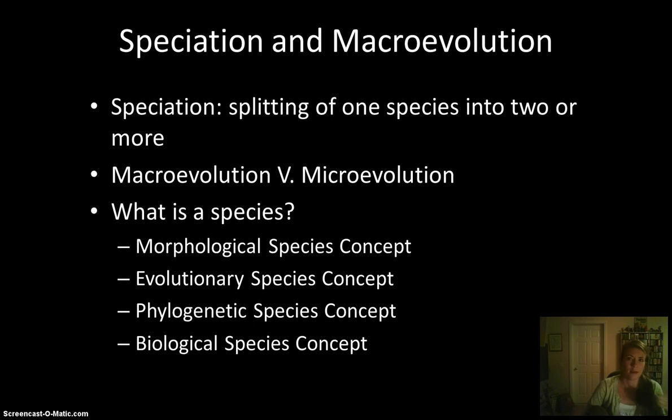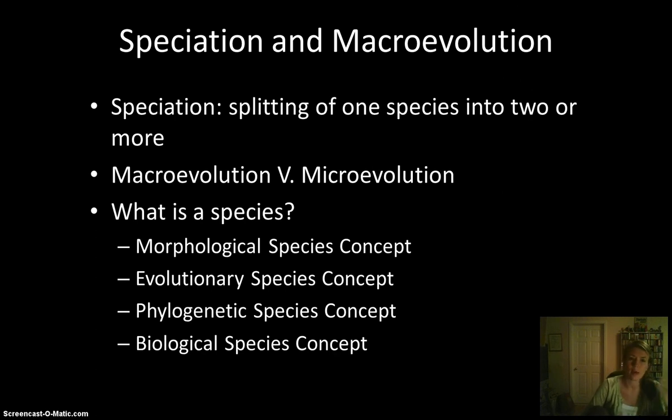So the same kinds of things that are at play in microevolution, such as population size and genetic drift and mutation and migration, all of those things still come into play in macroevolution. We're just looking at them on a much larger scale and how precisely they change into a new species.